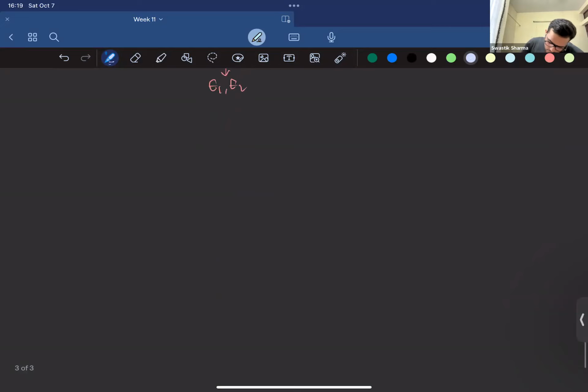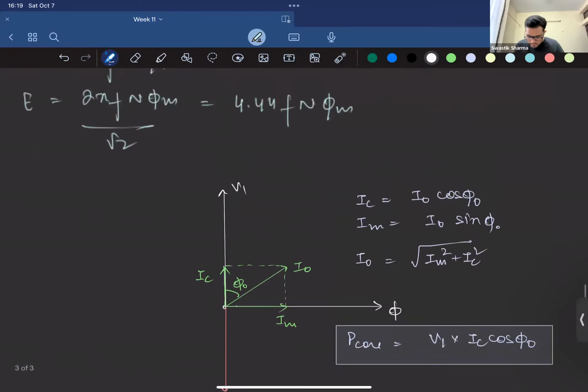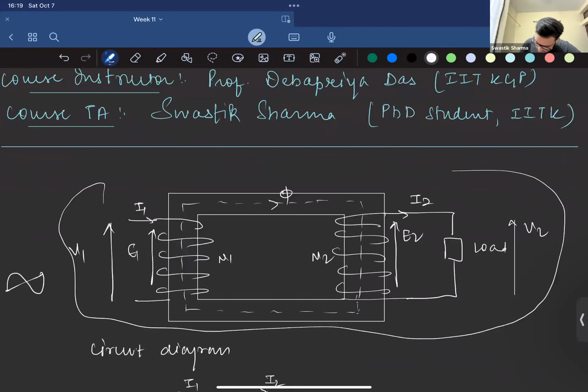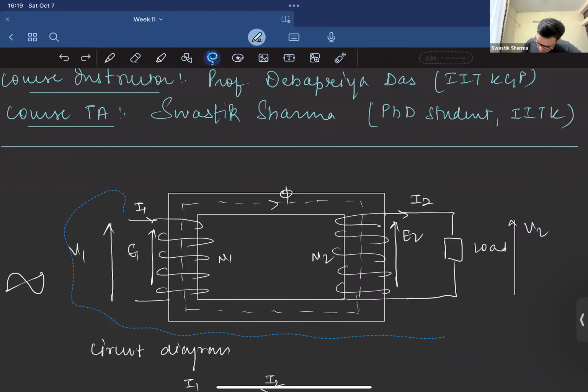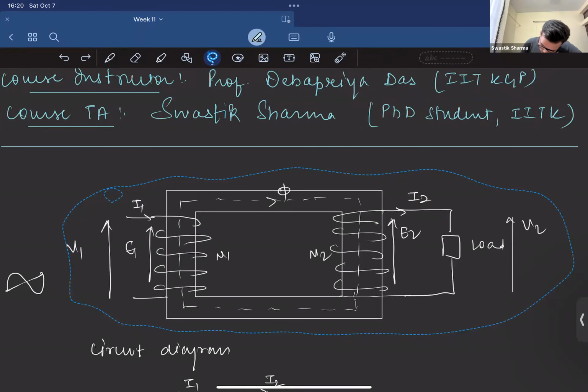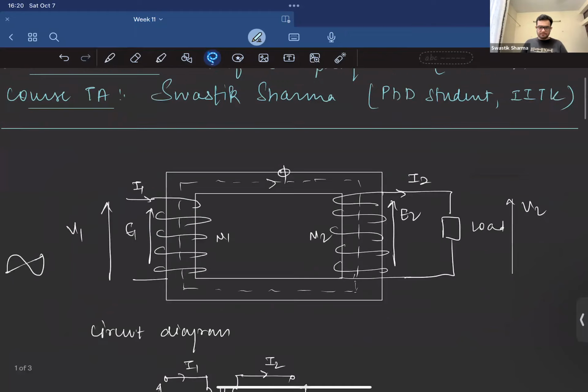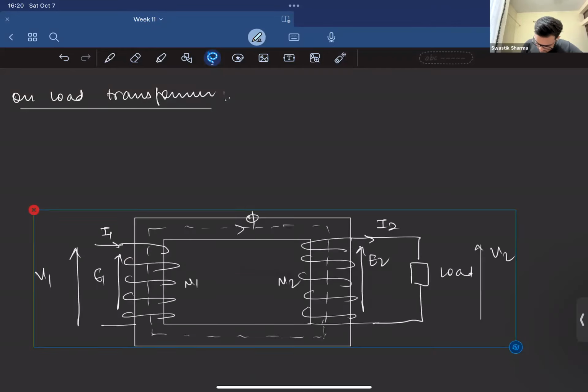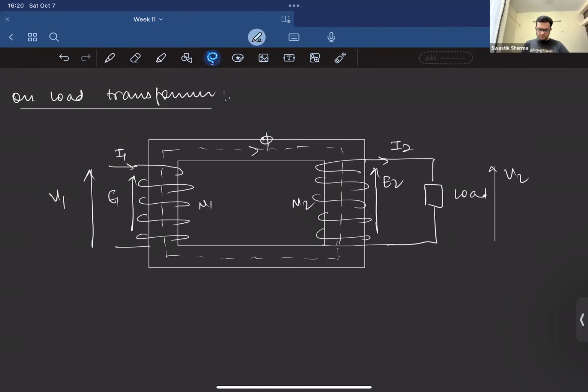So let's talk about the on-load transformer. How will its operation look like? We'll use the similar one.